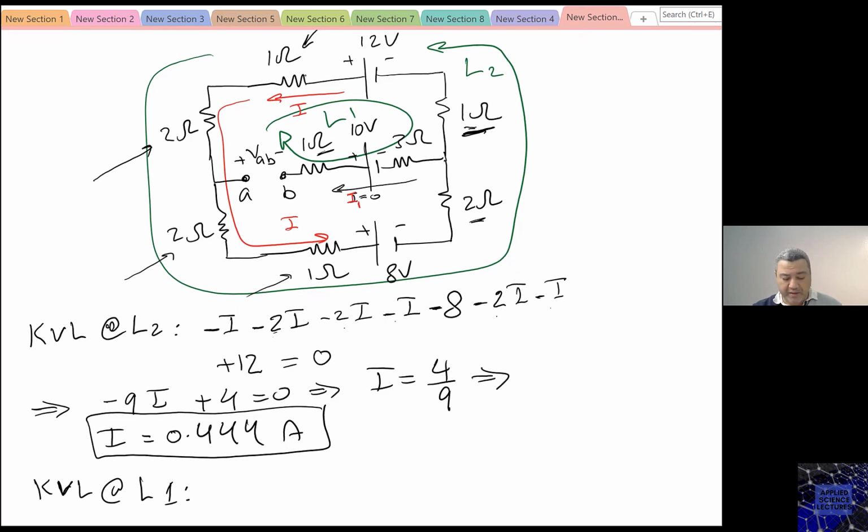So let me start from the same resistor. So I have I minus 12 plus I.